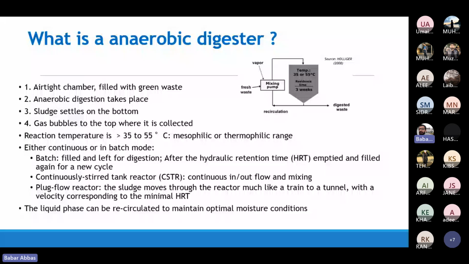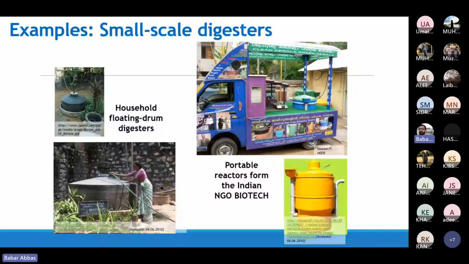These are the small scale biodigesters which can be utilized to the domestic levels. Here we can see a portable reactor from the Indian NGO Biotech startup which is moving into the community and collecting the organic waste to put into this reactor and generating the gas.